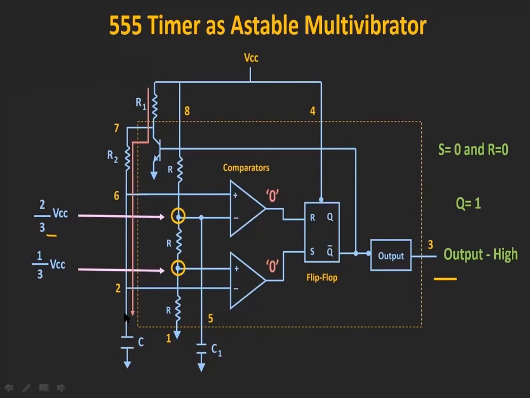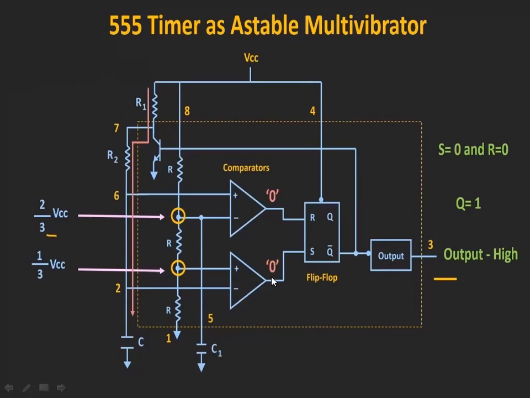Now the capacitor is going to charge towards VCC. So whenever the voltage across this capacitor exceeds 1/3 VCC, the output of this comparator is going to become 0, because the potential at the non-inverting terminal is dominating.